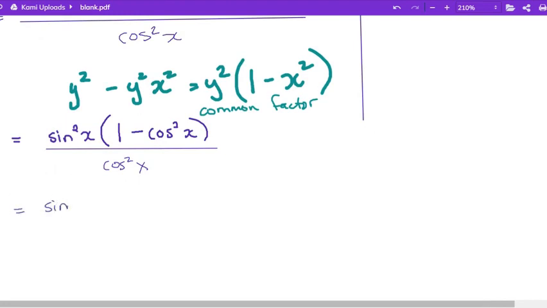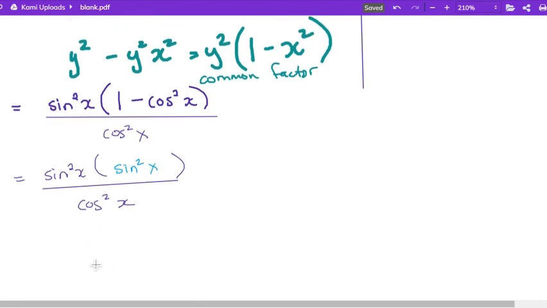You thought you were going to trick me. Nice try, dude. Not a chance. And this becomes sine squared x using the Pythagorean identity. And then sine squared times sine squared is sine to the power of 4.